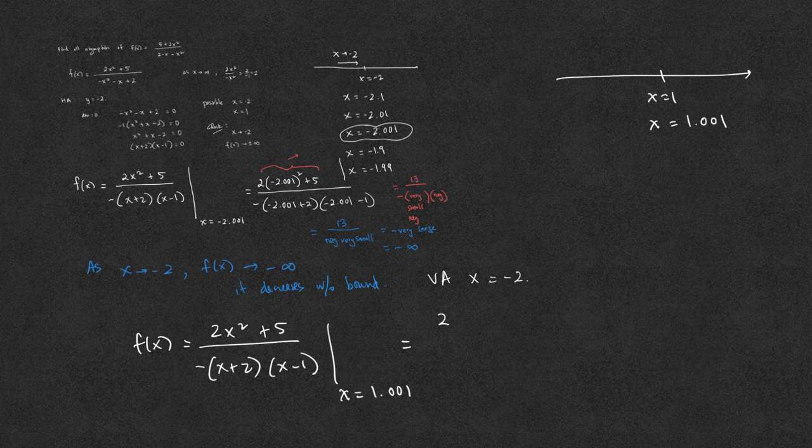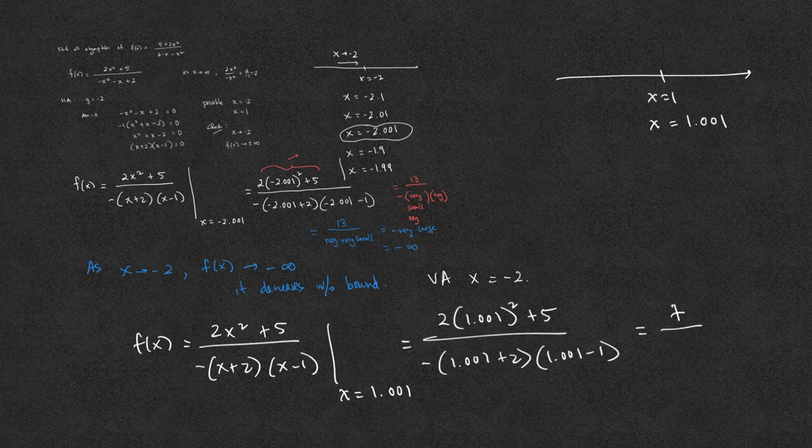The numerator is 2 times 1.001 squared plus 5 over, the denominator is negative 1.001 plus 2 times 1.001 minus 1. 1.001 squared is 1, almost. 2 times almost 1 is 2, and 2 plus 5 is 7.